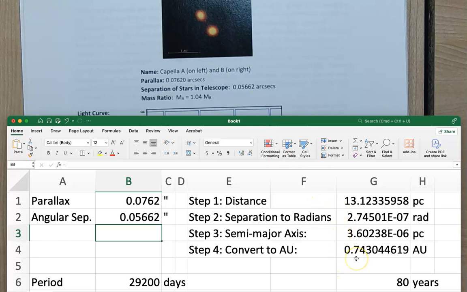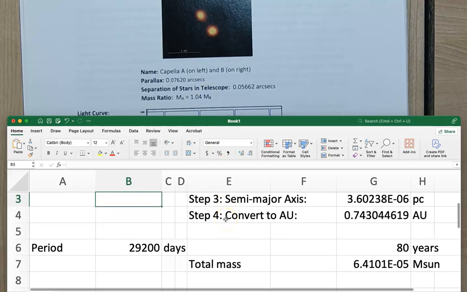That's 0.7 AU. Remember, the Earth is 1 AU from the Sun, so these two stars are orbiting each other closer to each other than Earth is to the Sun, which is pretty intense, right? You'd think that if those two stars are orbiting each other so close, they must be orbiting each other really fast. Well, let's see what the period tells us.